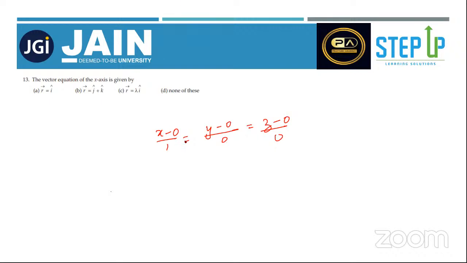And this is equal to lambda. So x equal to lambda. X equal to lambda means what? Lambda i. So answer is option C.